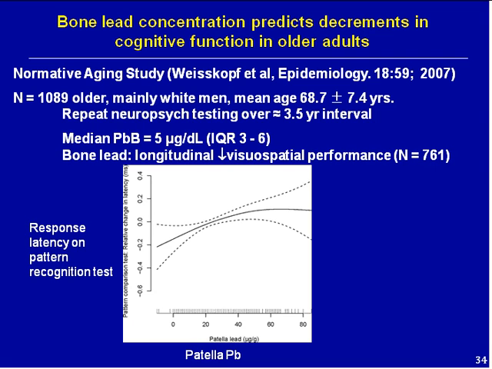But what they showed here, as you can see in this slide, the bone lead measurement is shown on the x-axis, and the response latency on pattern recognition is shown on the y-axis. The longer the latency in response, the worse the performance. And what you can see is that there is a significant association as bone lead goes up in individuals' cognitive function in terms of this particular test on visual spatial performance decline.